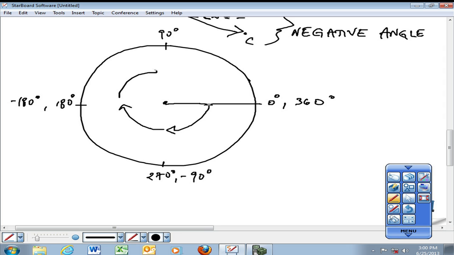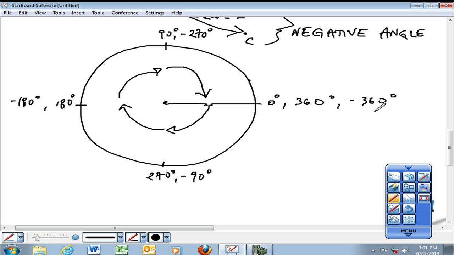And then if you continue the fun, you went from negative 90, negative 180, what the heck is this? Yeah, baby, negative 270. But the fun never ends in this class. Continue on. Bam, where are we? Negative 360. So a little takeaway that is important to understand is that 0 degrees is equivalent to 360 degrees, which is equivalent to negative 360 degrees.